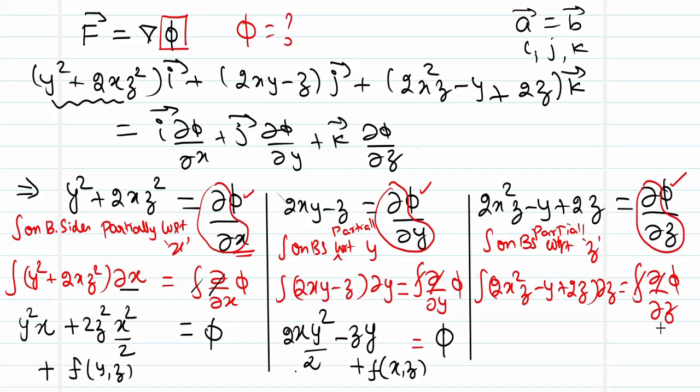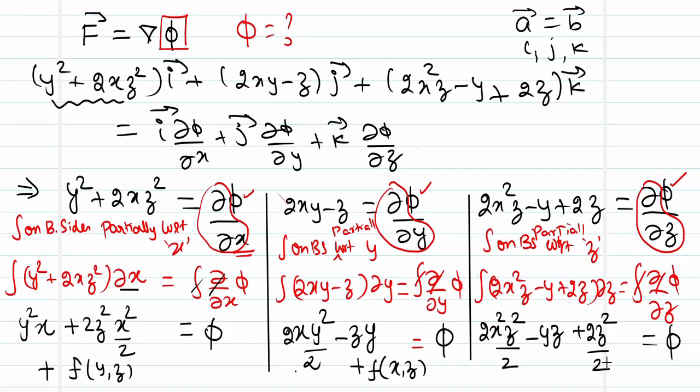The integral and dou cancel off, leaving you with phi to be equal to, come on, let us integrate this partially with respect to z. With respect to z, 2x square is a constant, z on integration is z square divided by 2, minus y constant, on integration gives you z, plus 2z on integration is z square divided by 2.